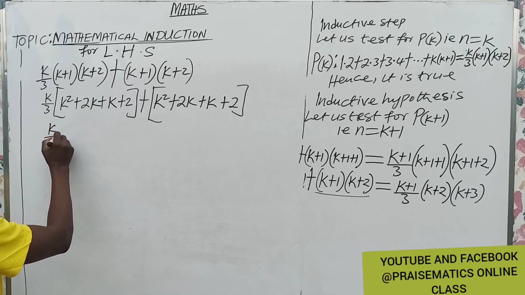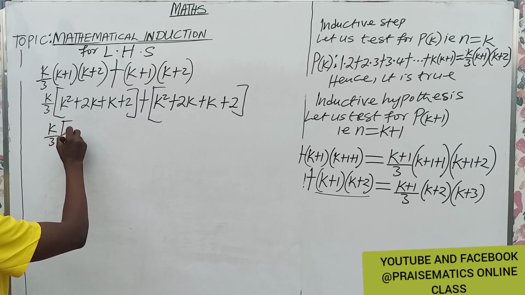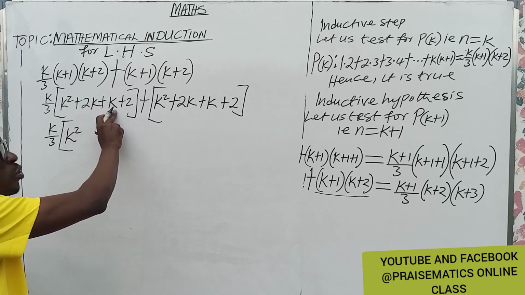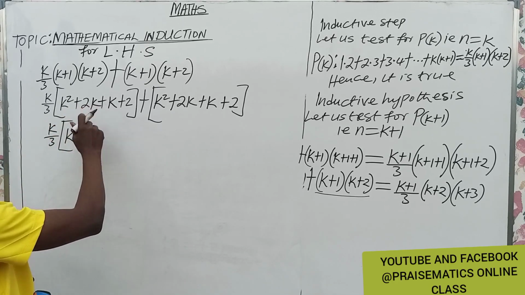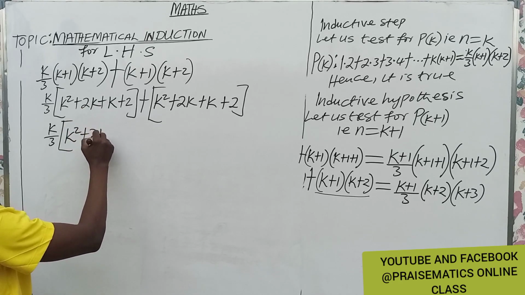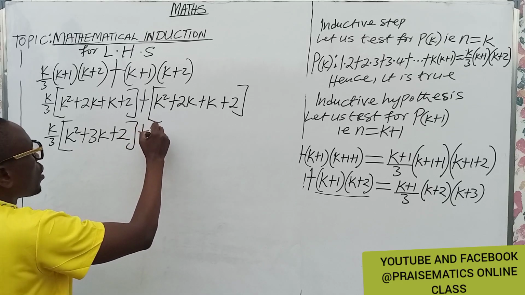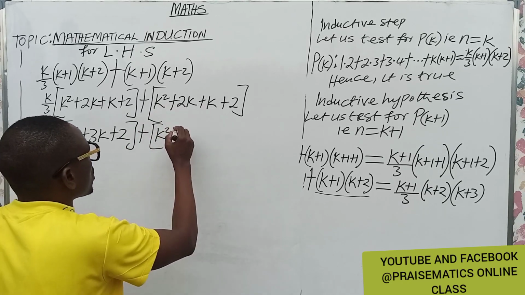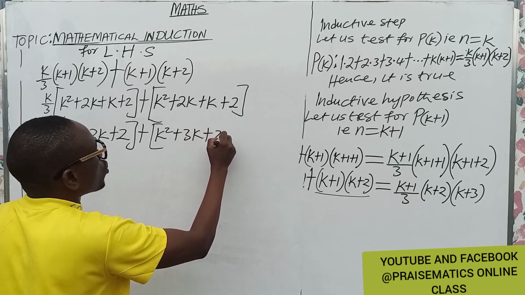We have k over 3 into bracket k squared, 2k plus 2k plus k will give us 3k, plus 2. Close it. Plus k square, 2k plus k will still give us 3k, plus 2.